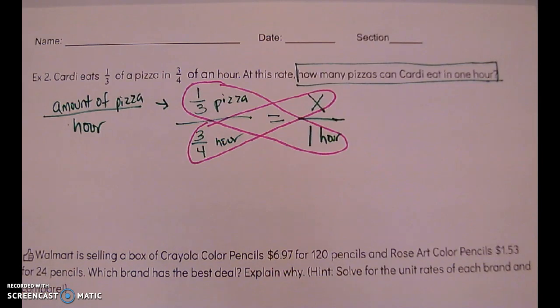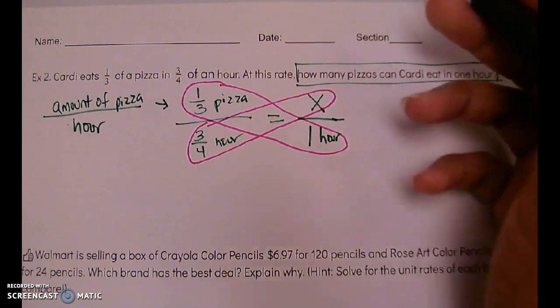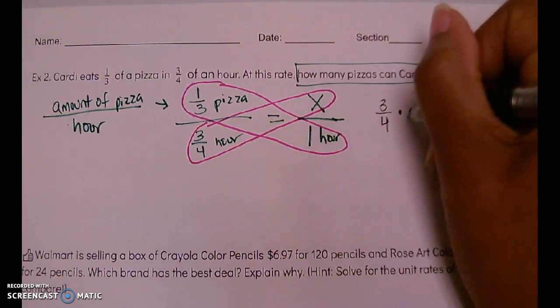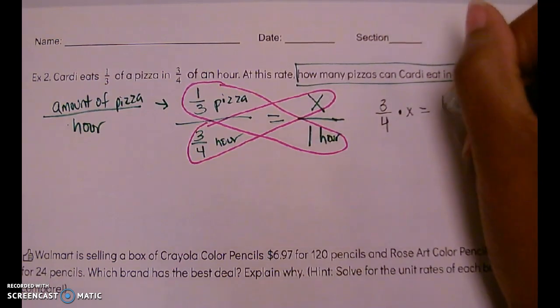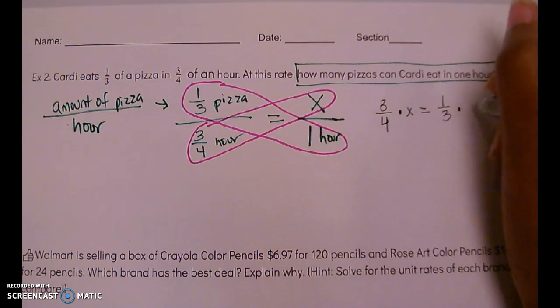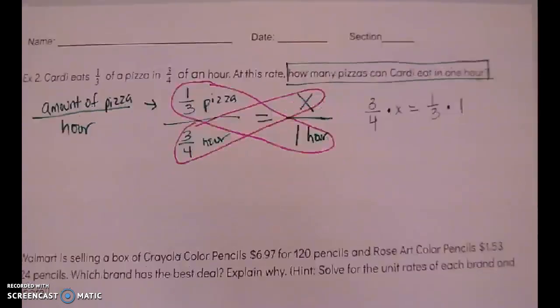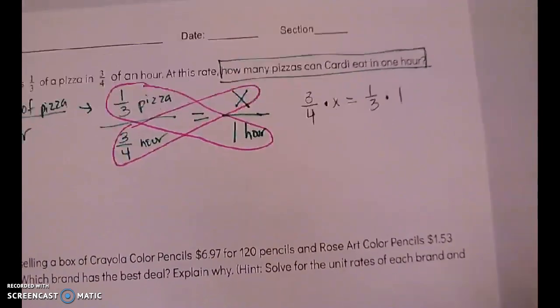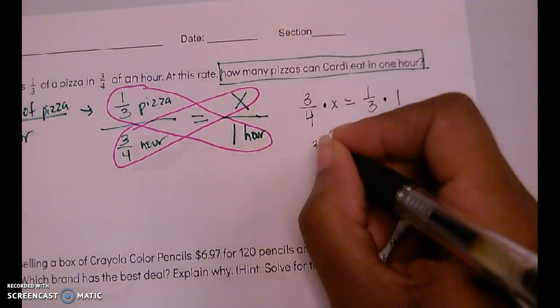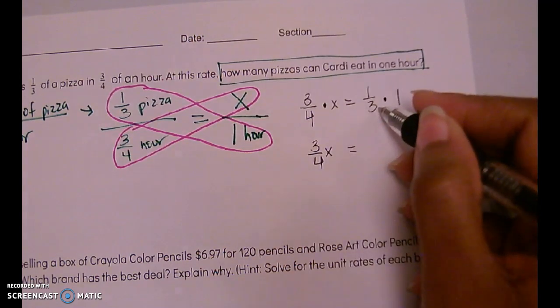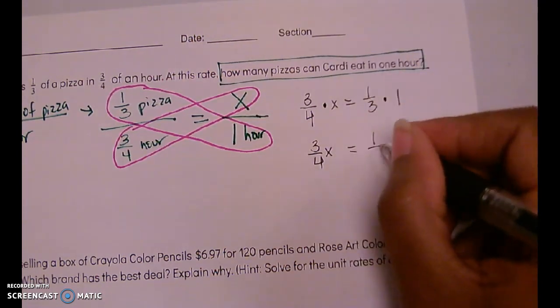So here's how that would look. 3/4 times x equals 1/3 times 1. Okay? 3/4 times x is the same thing as 3/4 x equals 1/3 times 1, of course, is 1/3.